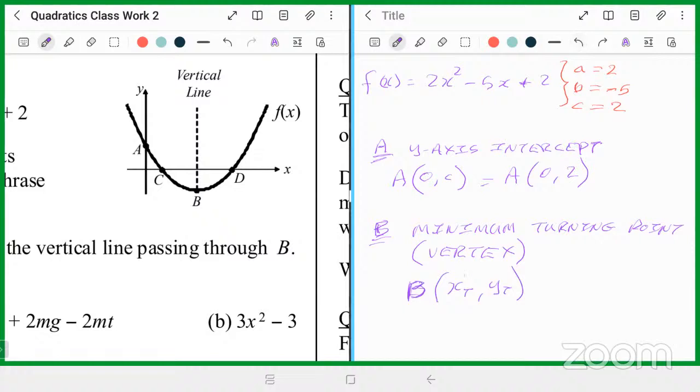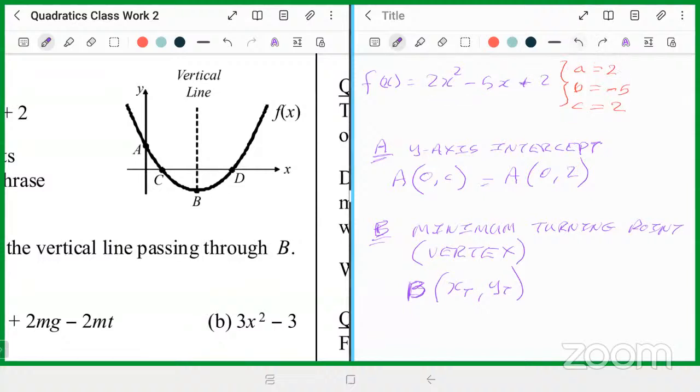So this would be the x value at the turning point, and this would be the y value at the turning point. We are now tasked with finding what this value is and what that value is. Now, these values, as we have learned, can be calculated using the a, the b, and the c from the standard form.